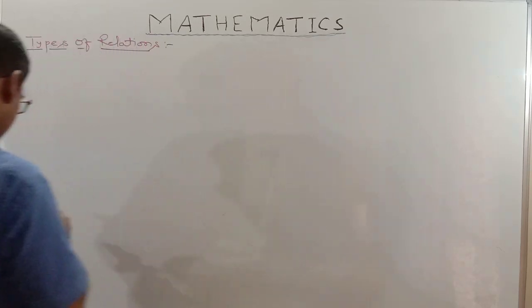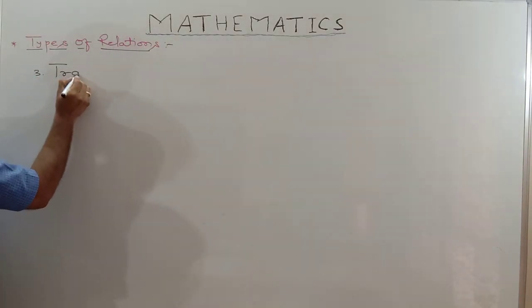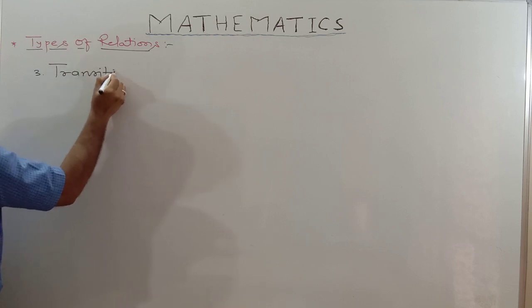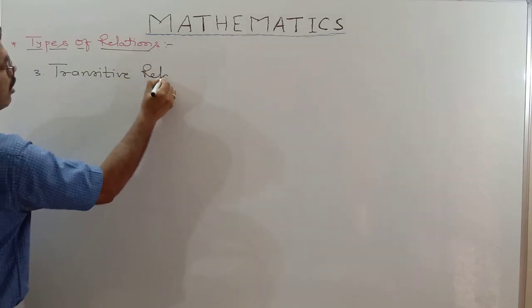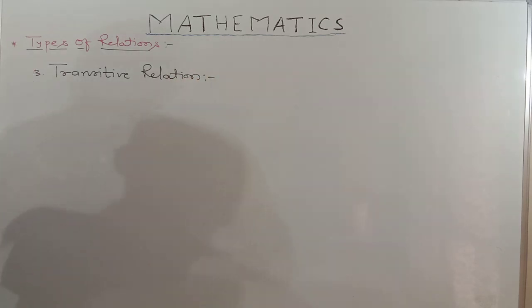See, the third relation is the transitive relation. This is a little different kind of relation.